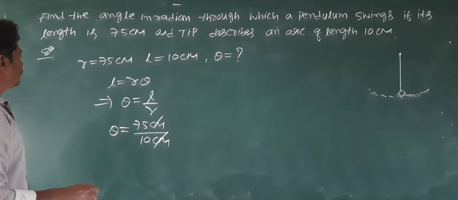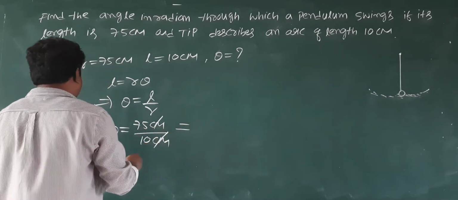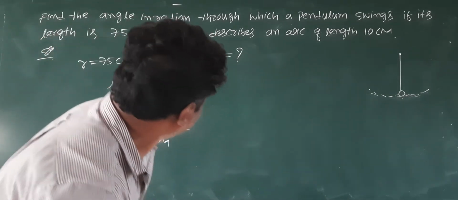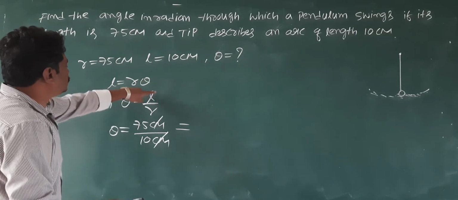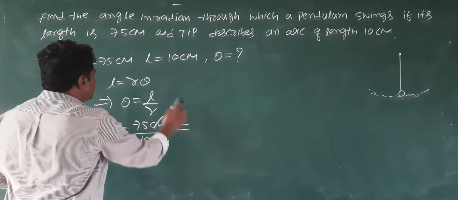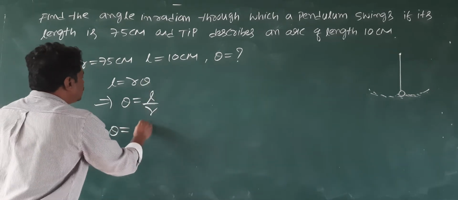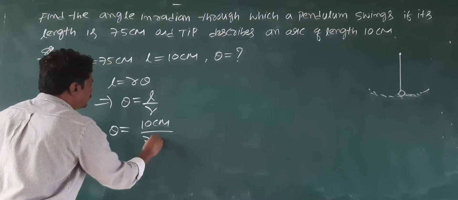So L equals r theta. Sorry students, L is 10 centimeter and R is 75 centimeter.